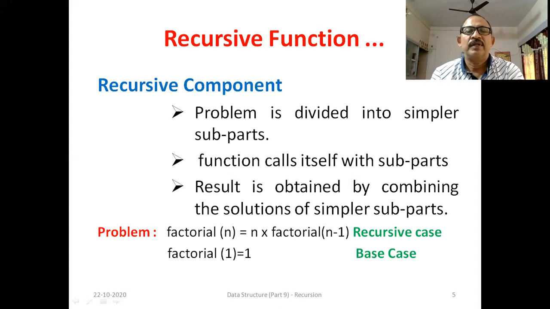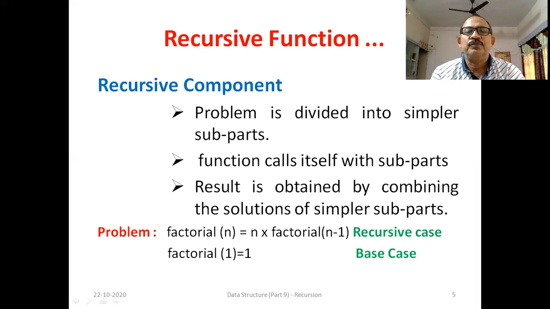And this is a recursive case of factorial n. So in first step we divide the problem into sub-problems. Here factorial n is divided into two sub-problems. First sub-problem is n and another sub-problem is factorial n minus 1.